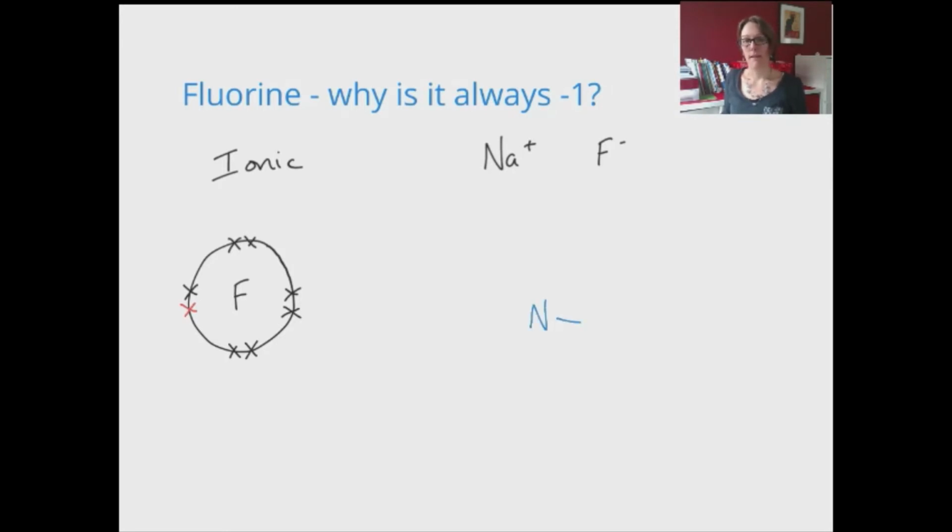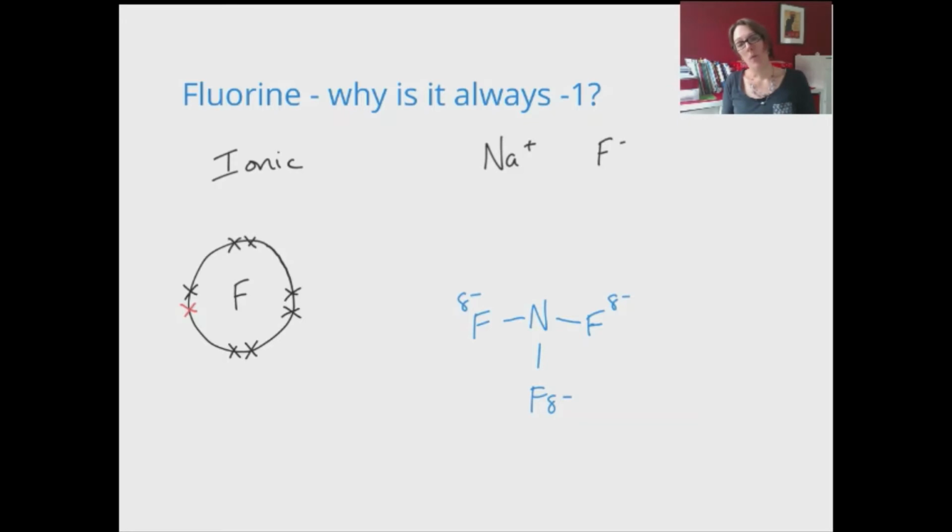What it also means is that fluorine can only form 1 covalent bond. The halogens have other options. Lower down the group, they can form more than 1 covalent bond. Fluorine can only form 1 for this reason of it being in the second shell, and only being able to hold 8.